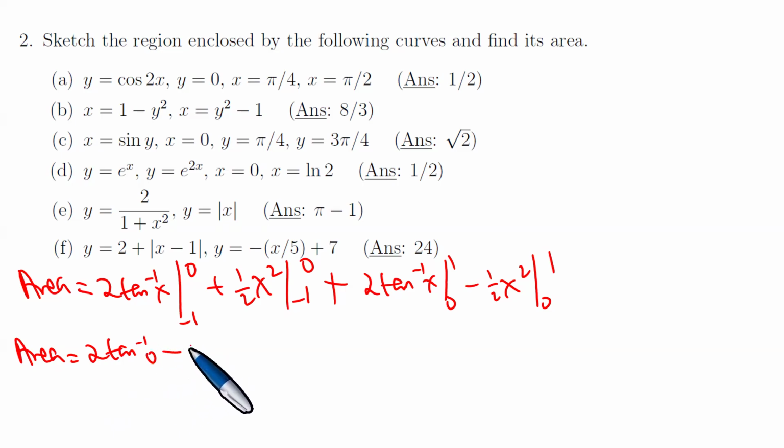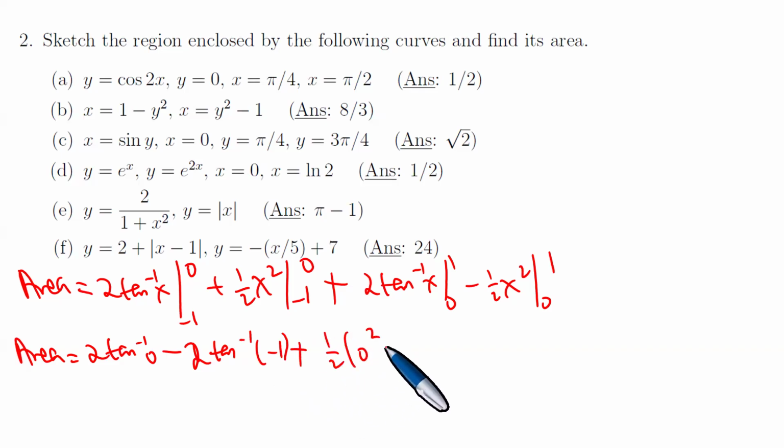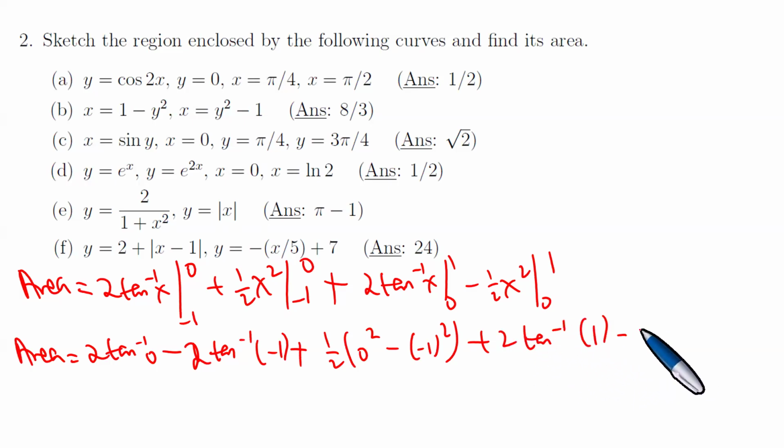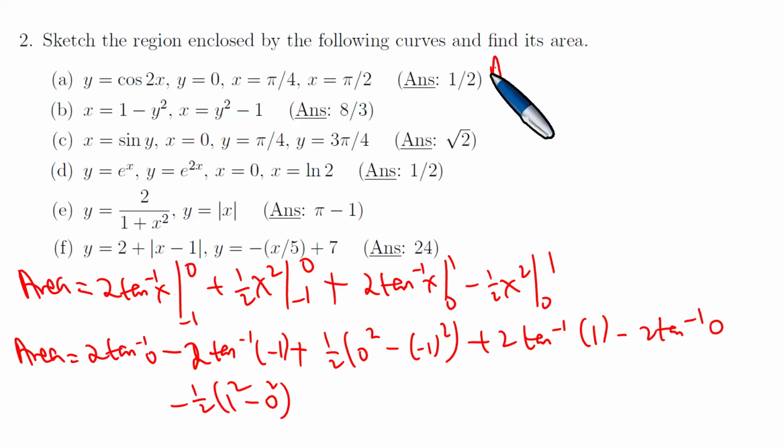Two arctan 0, minus 2 arctan of minus 1, minus minus 1 squared, and then plus 2 arctan of 1 minus 2 arctan 0, minus 1/2, 1 minus 0 squared.